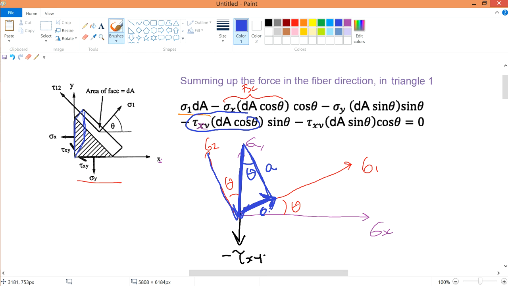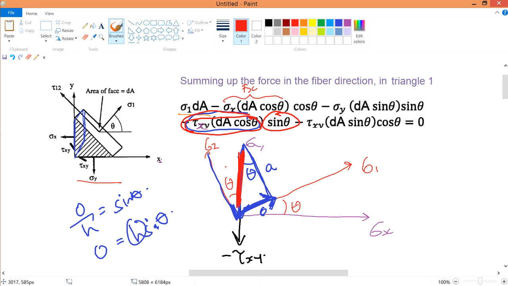So O over H is equal to sine theta. Therefore O is equal to H sine theta, where your H, or hypotenuse, is this thing now. Once you have your hypotenuse times sine theta, you'll get this thing over here. So this is what they're trying to do all along.